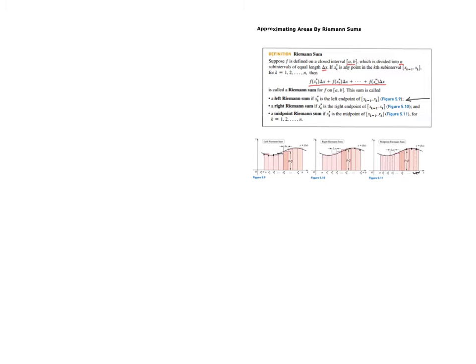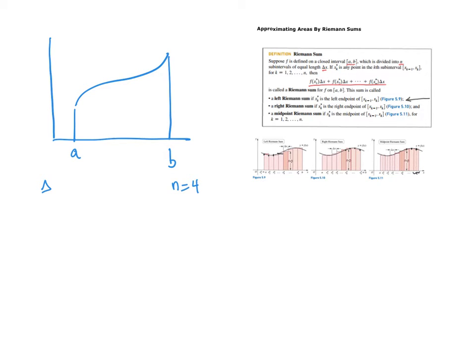So I'm just going to draw a general function, f of x, from A to B. So this is the area that we want to find. And I want to find my subintervals. We're going to use n equals 4. So our delta x is going to be b minus a over 4. And let me just draw this in: 1, 2, 3, 4.